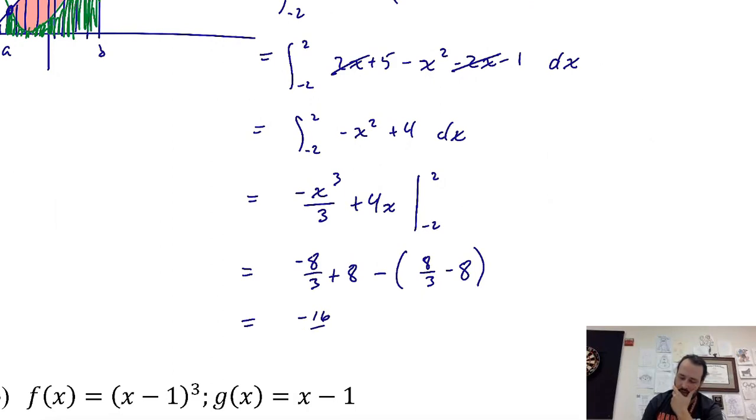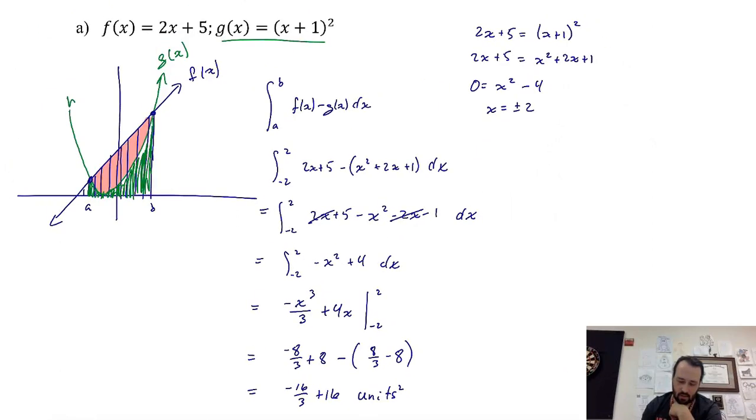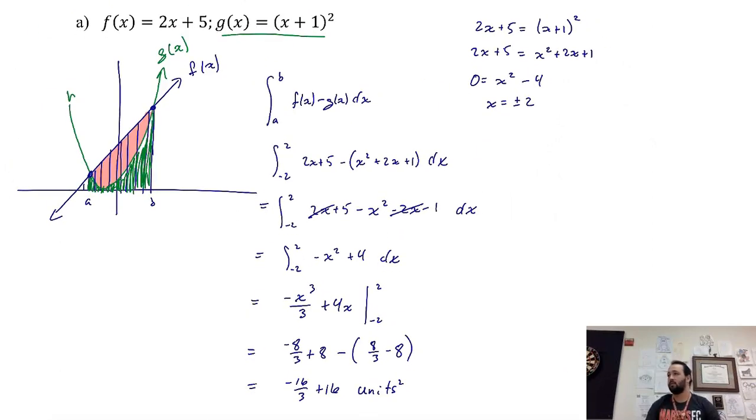So negative 16 thirds plus 16. And you can leave your area like that. Notice it is asking for the area, so I would say units squared on this one. So that could be the area. You get common denominators if you wanted to and combine this stuff, 48, so that'd be positive 32 over 3 units squared is how you would see that on a multiple choice question.